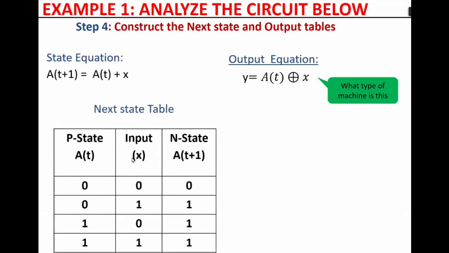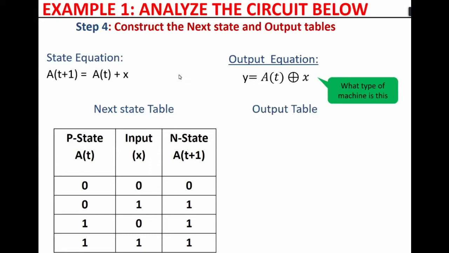So if A(t) is 0 and X is 0, this is 0 OR 0, so the next state will be 0. You fill in the next state. People have answered that it is a Mealy machine because the output is a function of the present state and input. That is quite good. Okay, now that is the next state table.